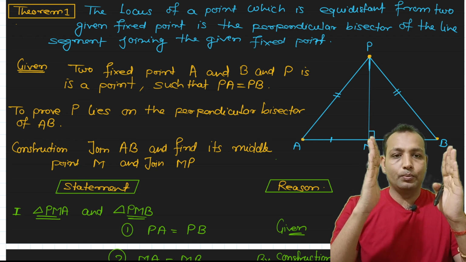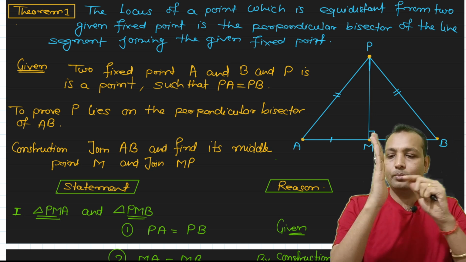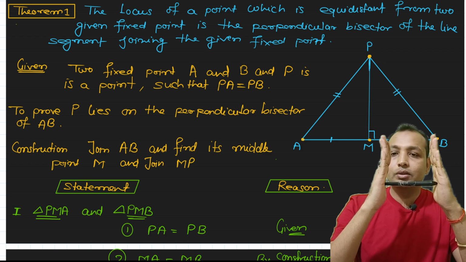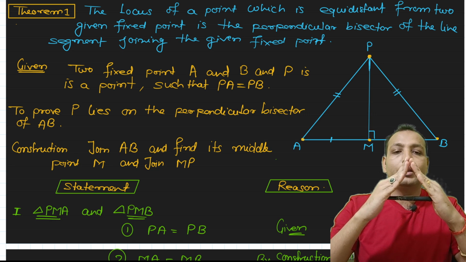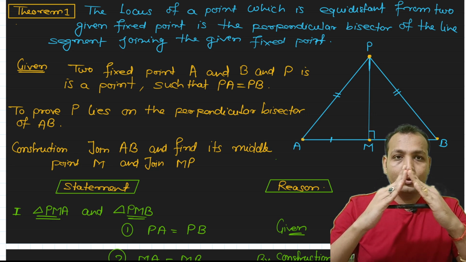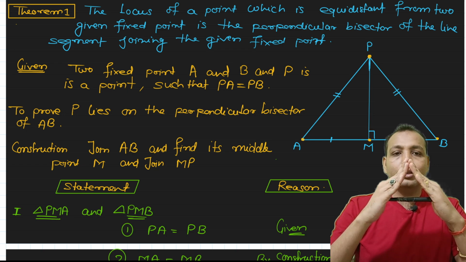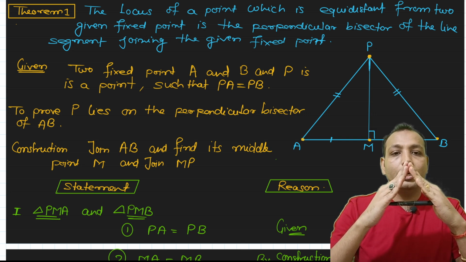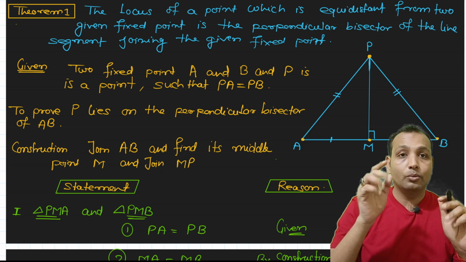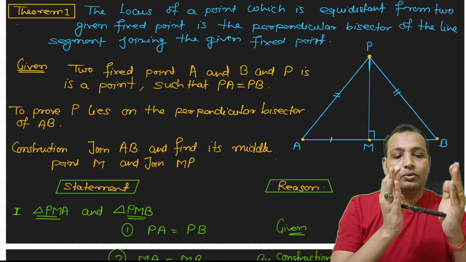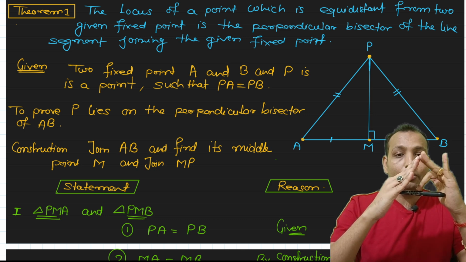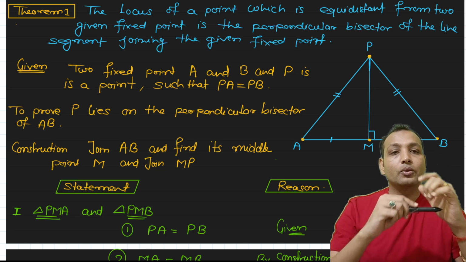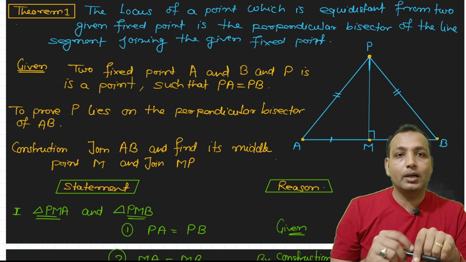If we take two points, this point is A and this point is B, and both are joined at point P, equidistant from A and B. You can see in the diagram behind. If from point P we draw a line that joins the line AB, that will be the perpendicular bisector of the line AB.